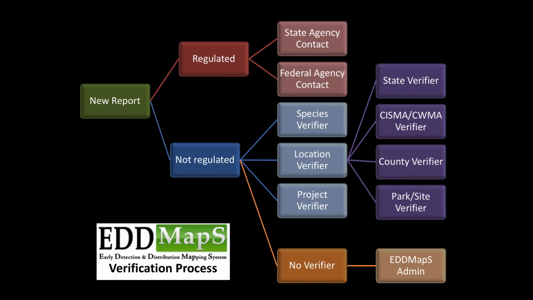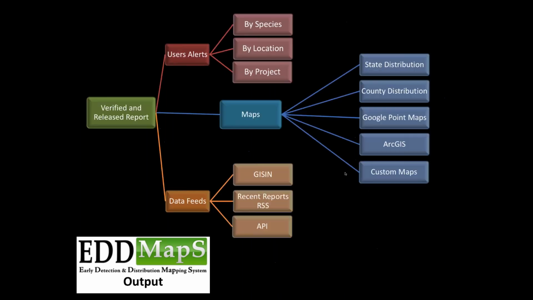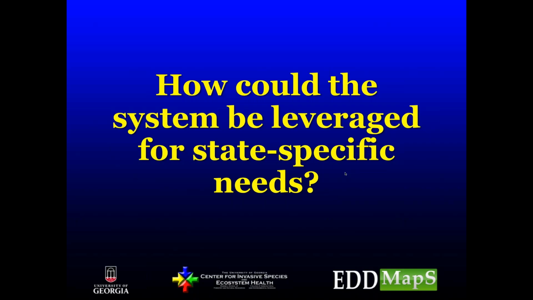In most cases, that's at the state level or at the county level within your state or county. And they have a checkoff before that data is made public on the web. And then once it's made public, it's made available in these maps, in user alerts that can be sent out when new reports come in, and also in data feeds to other systems.